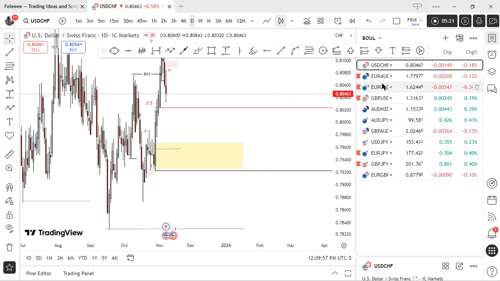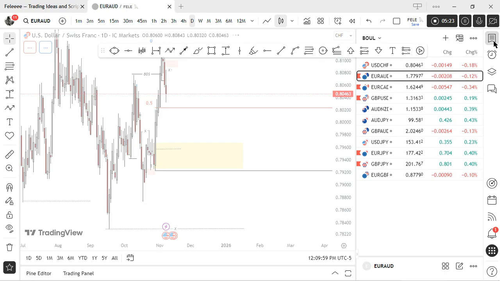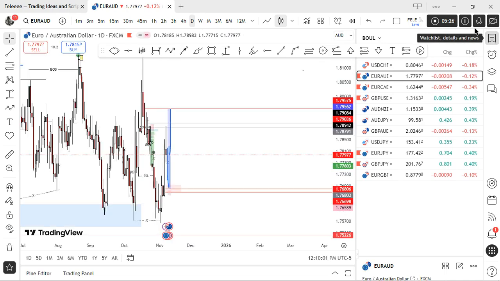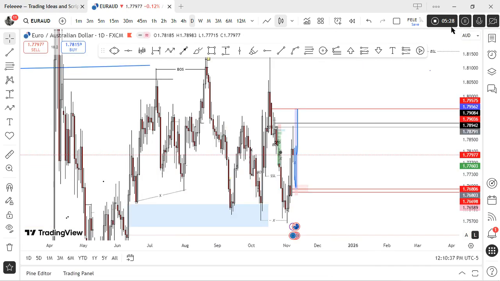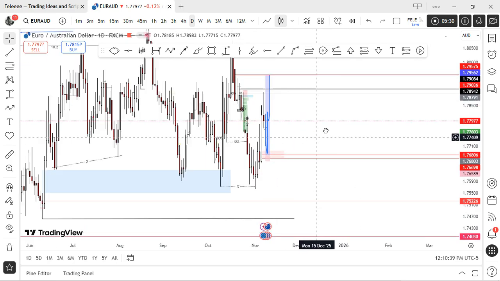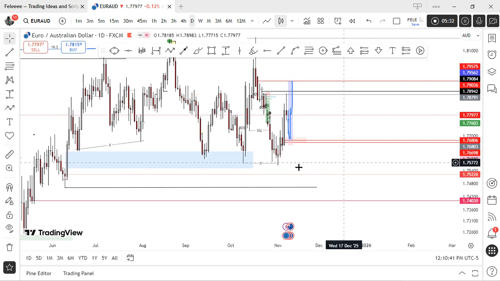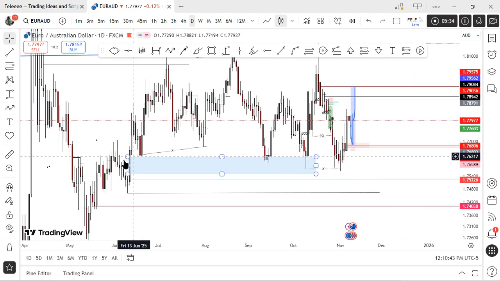Let's go to EURAUD. As we can see on daily, price is still ranging on this FVG.